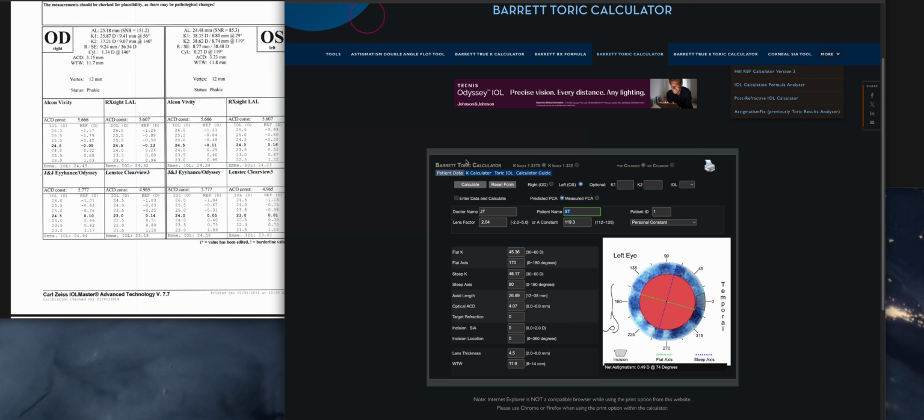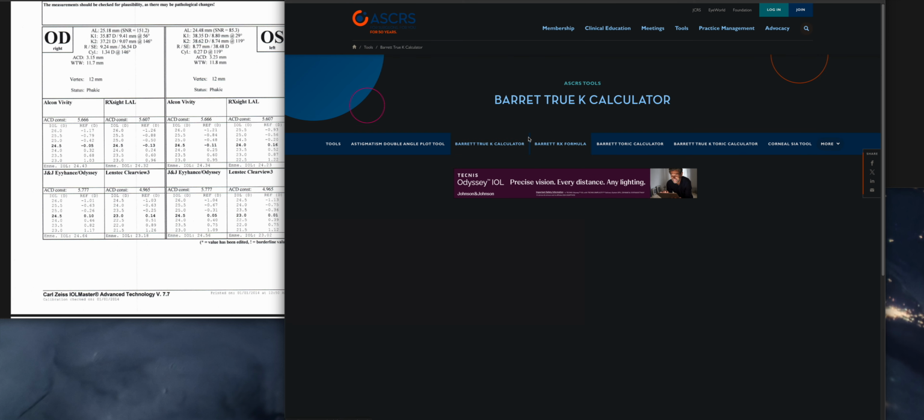So let's pretend that we have the IOL Master 700 data, and let's pretend I have the TK values. If that were the case, we would choose a different calculator.